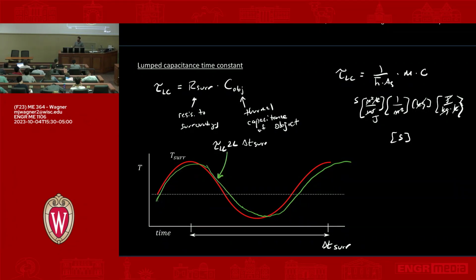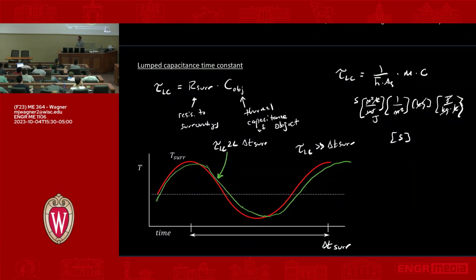What would it look like if we had a scenario where tau LC was much larger than delta T surroundings? In this case, usually you'll see some effect, but that effect is going to be muted. It's not going to see this extreme variation.